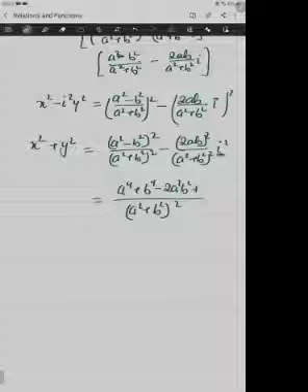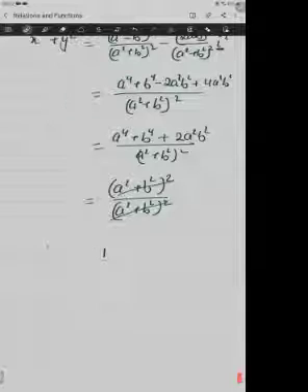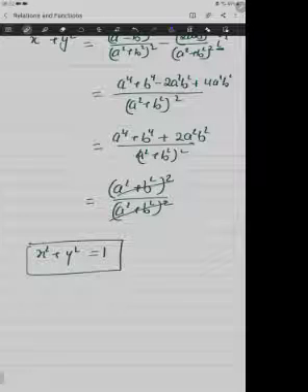Cancel, 1 equals x square plus y square. This was to prove.